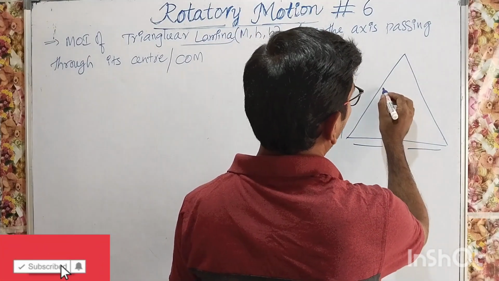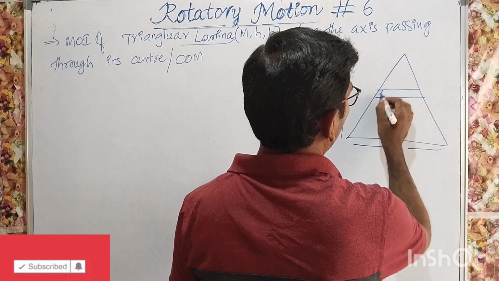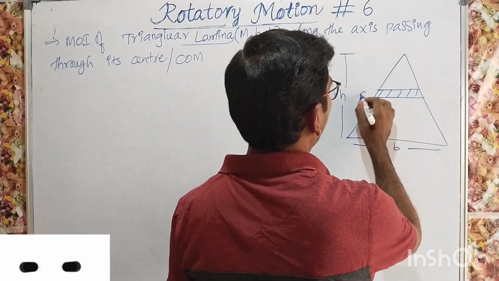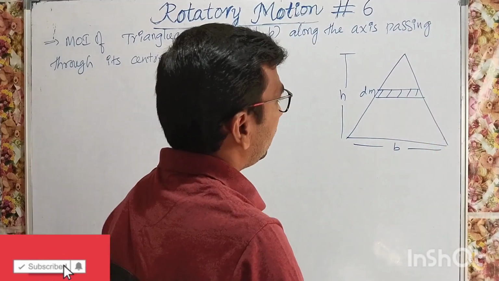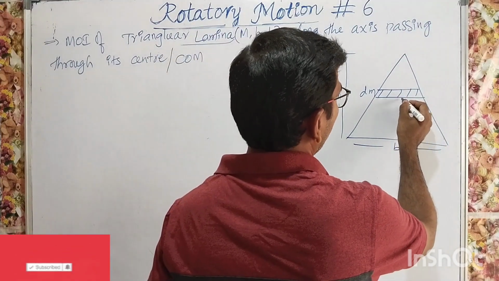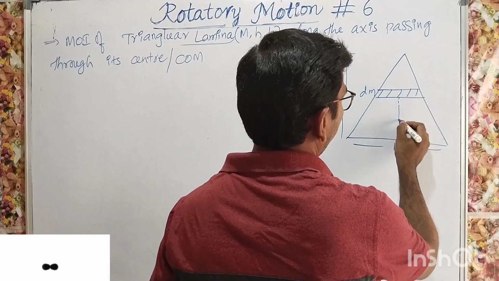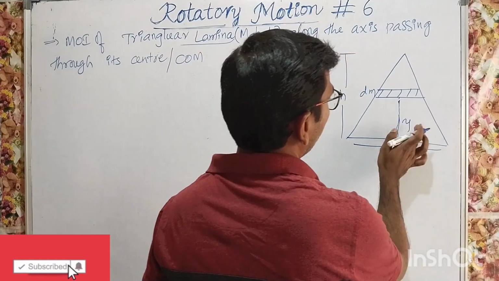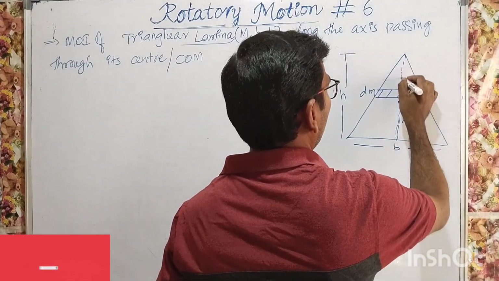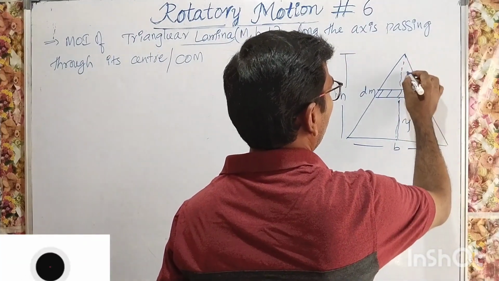So I will consider a small element dm along the vertical. I will consider this height from the base to y. So this is y, which means this part is h minus y.